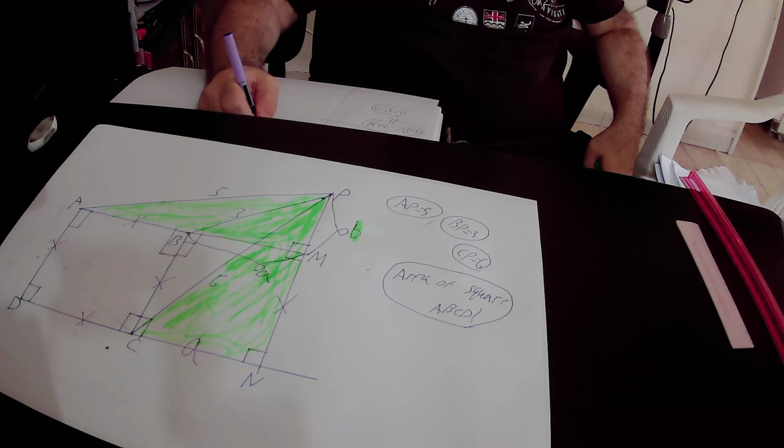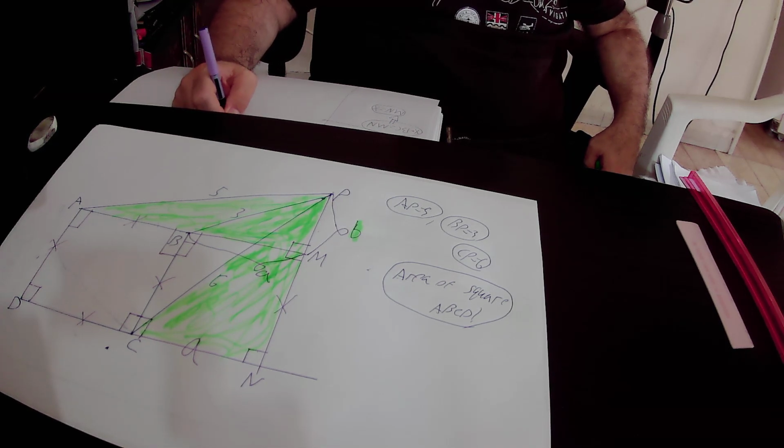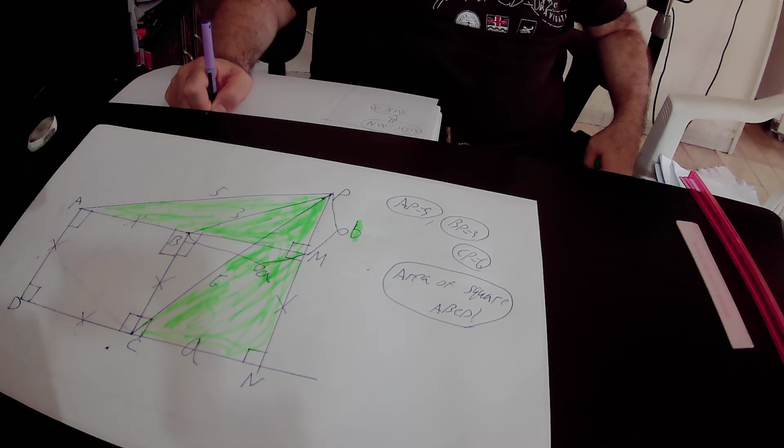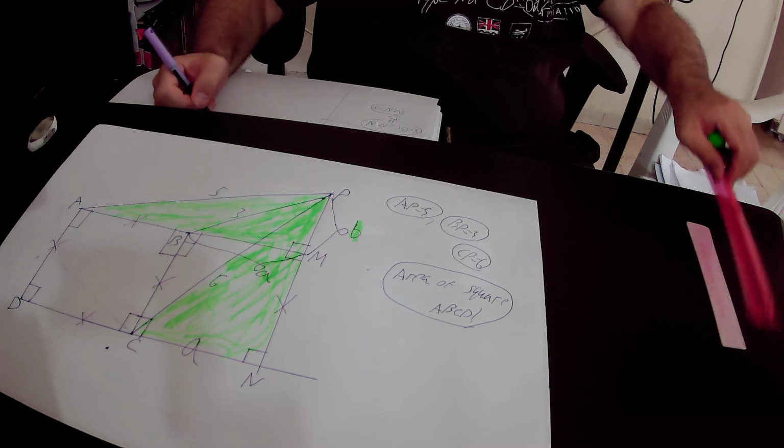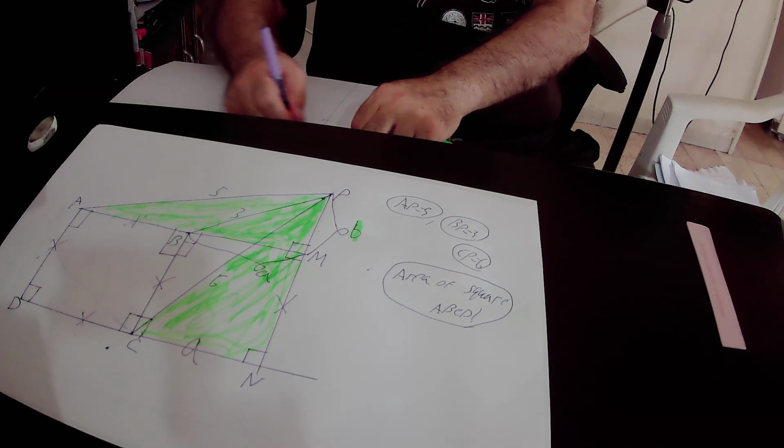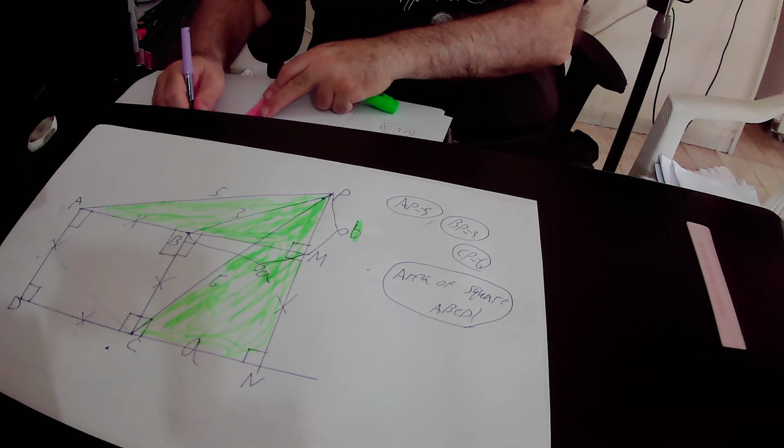In the right big triangle, triangle PCN, the relation is the Pythagoras theorem. The square of the hypotenuse equals the sum of the squares of the perpendiculars.